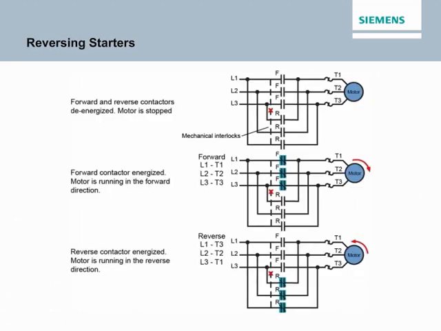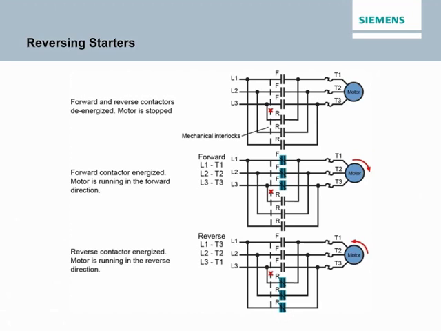Many applications require a motor to run in either direction. Changing the direction of rotation requires changing the direction of current flow in the motor windings. For a three-phase induction motor, this is done by reversing two of the motor leads, typically T1 and T3. The accompanying graphic shows a three-phase reversing motor circuit with two sets of contacts.